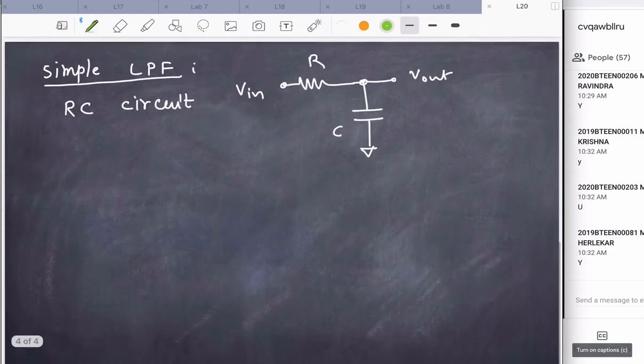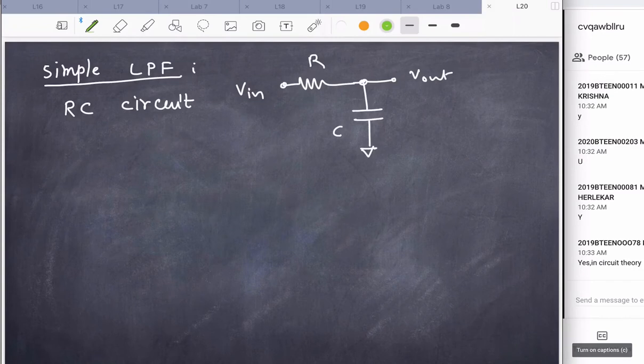Have you studied the filters earlier? Okay, in circuit theory you have studied. So, we will start with the active filter then, that is always better.